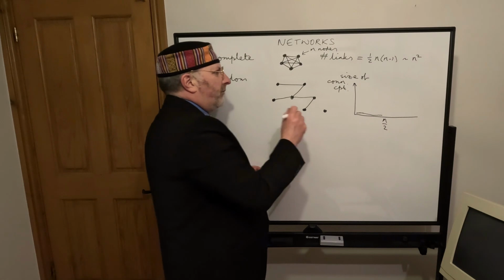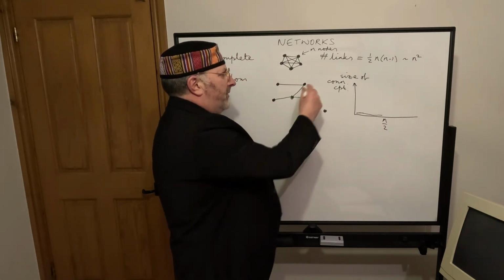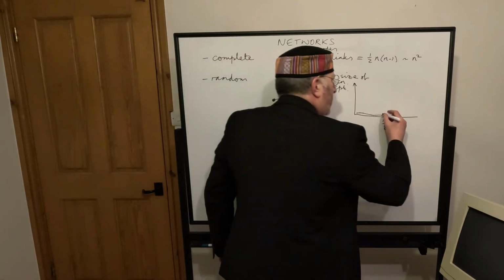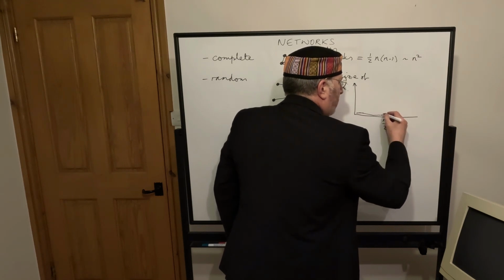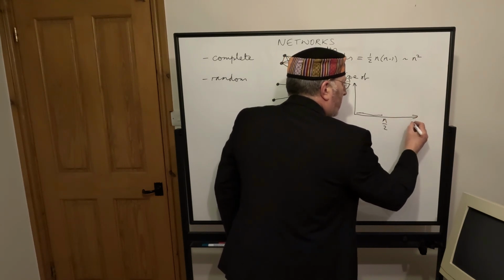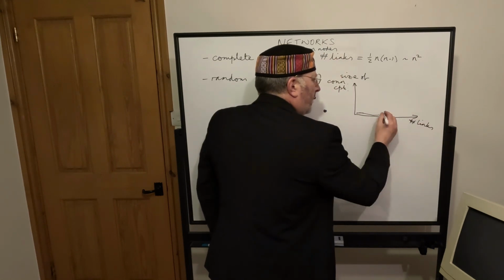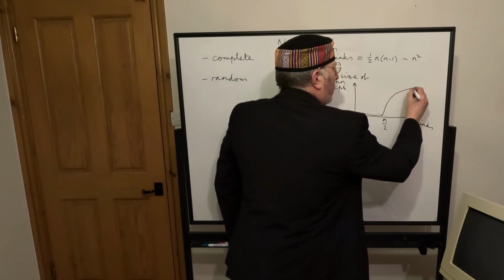And then after that, when you start adding, you will inevitably start to connect pairs together and then bigger components together. And if you plot, as the number of links continues to increase, it goes up something like that.